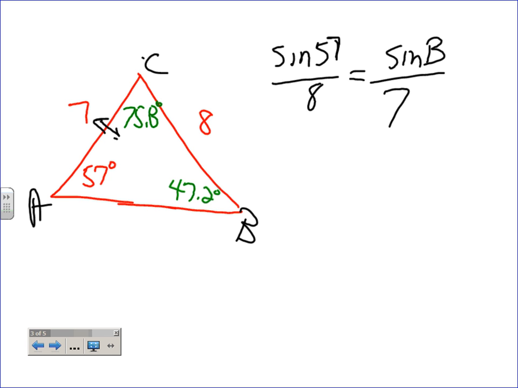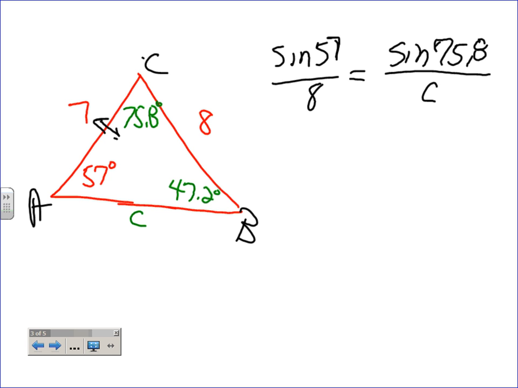Has the triangle been solved? No. Side C is what would remain. And so I normally just go right back to the pair like I told you before. Yeah, we would do sine of 75.8 over C. And no arc sine needed this time, so that sometimes makes it a little bit easier for people. And how about as far as sides go? Is this going to be medium, the biggest, the smallest?